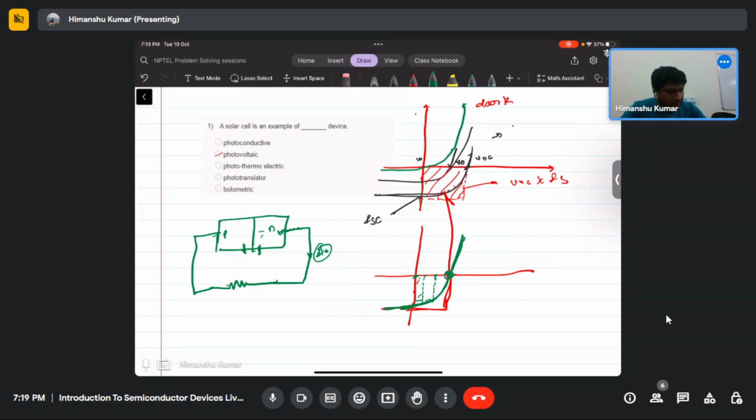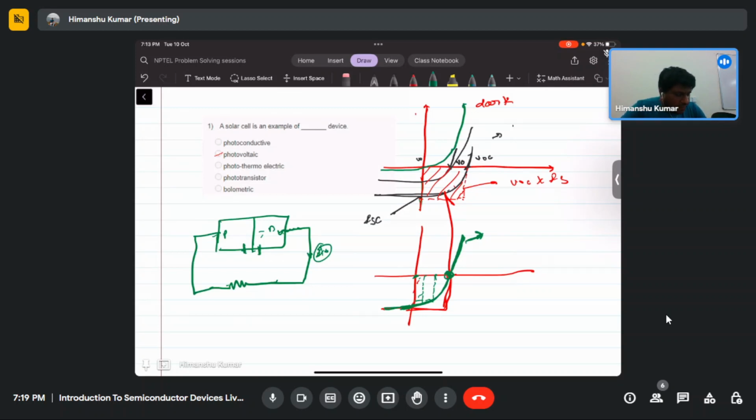So two factors decide this. These characteristics are decided by your PN junction diode.